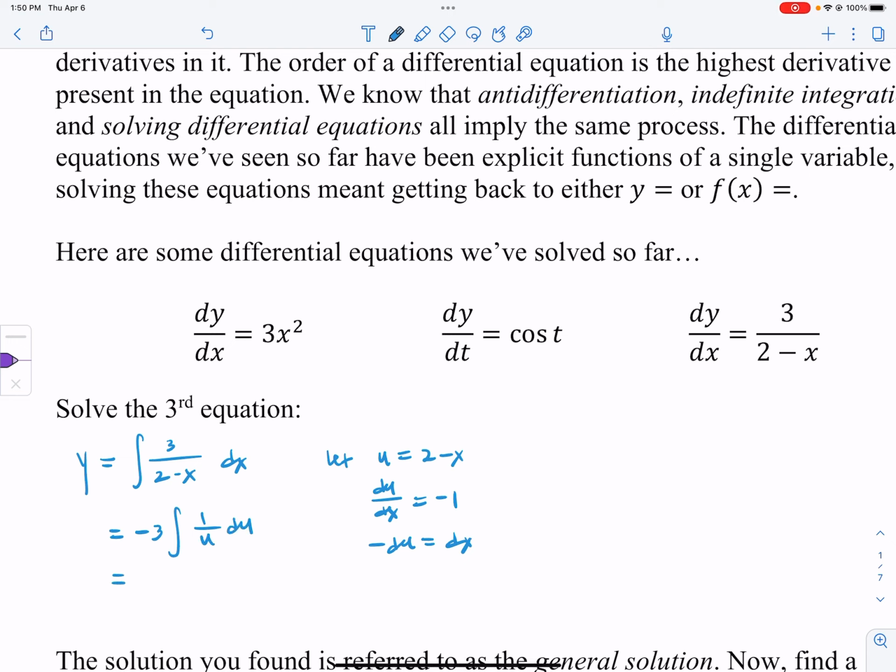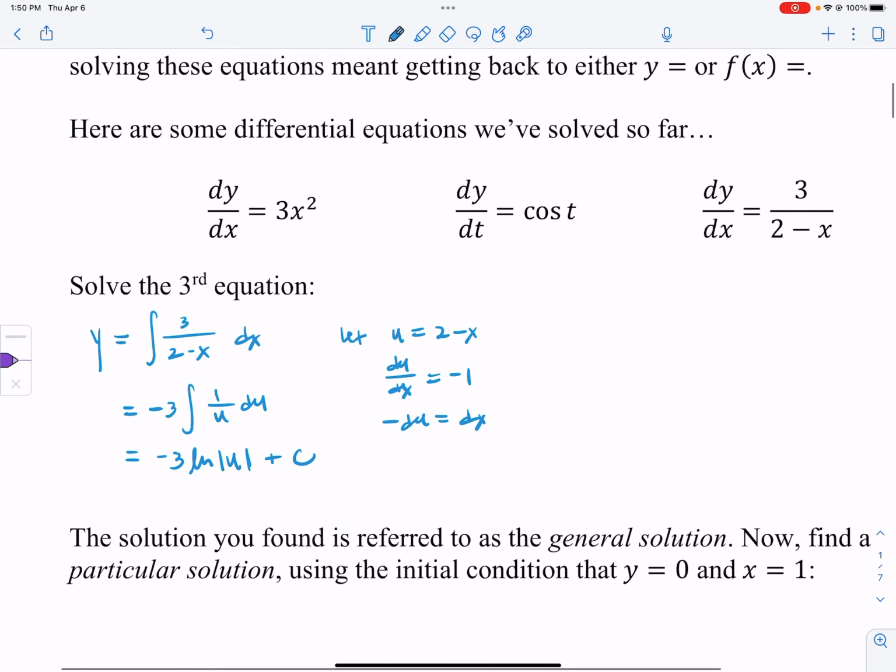And then when we integrate, we get negative 3 times the natural log of absolute value of u plus c, to represent the infinitely many antiderivatives of 3 over 2 minus x.